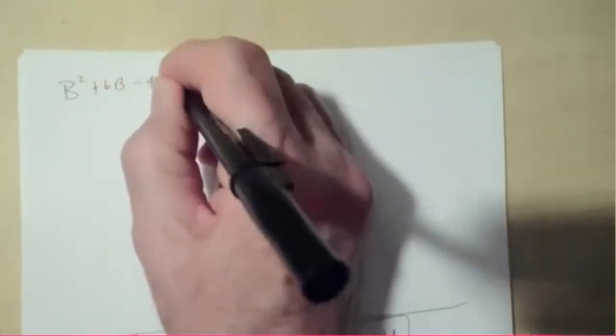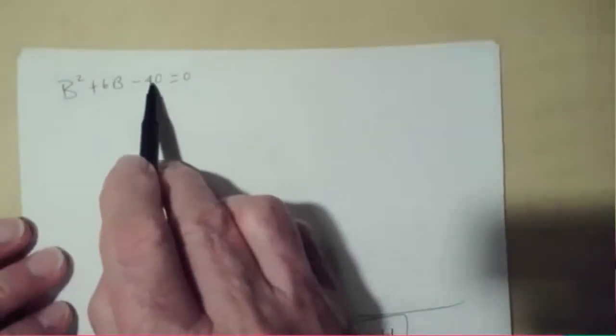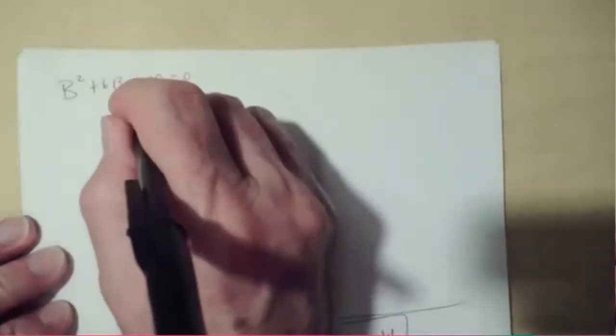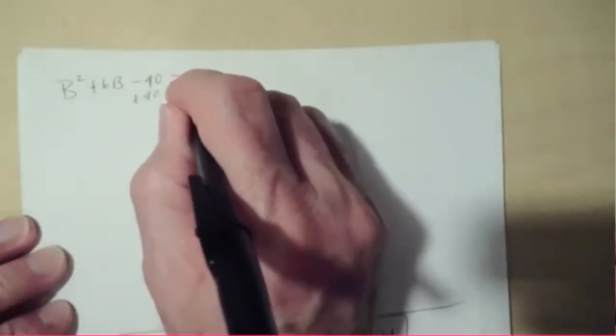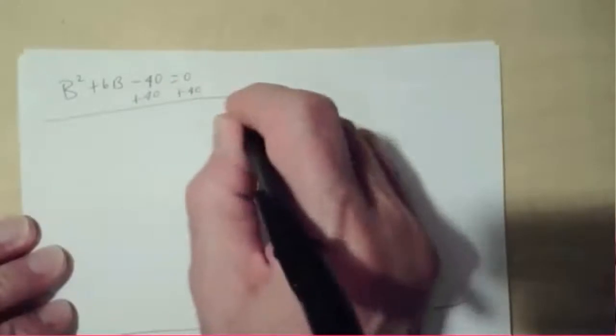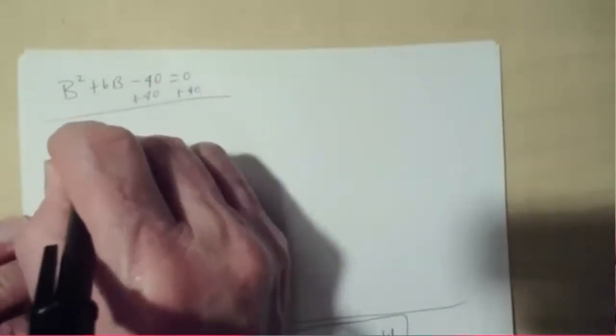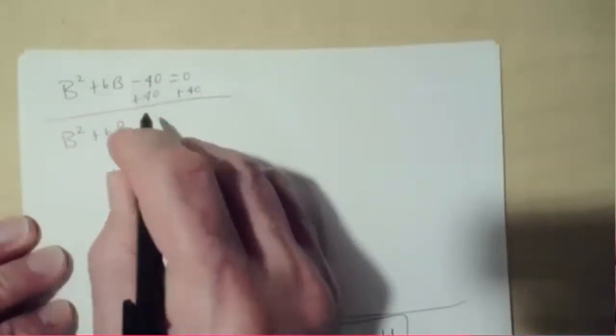Again, it's called completing the square. So if you have b squared plus 6b minus 40 equals 0. Remember, when you're completing the square, you don't set it to 0.